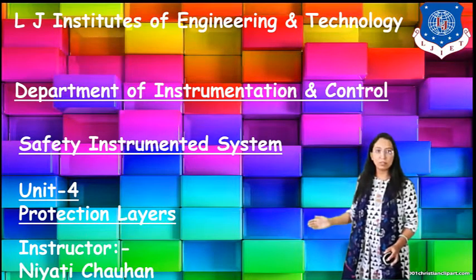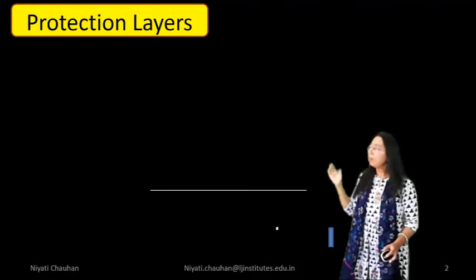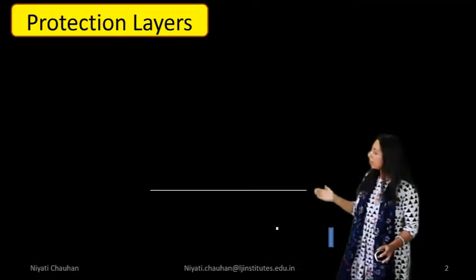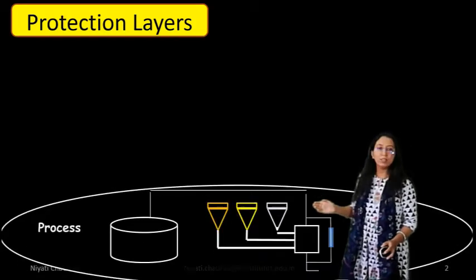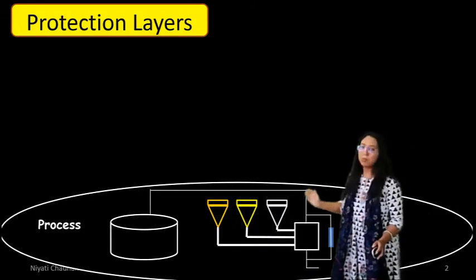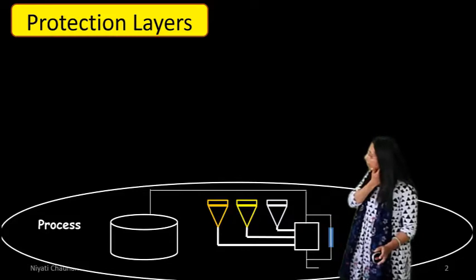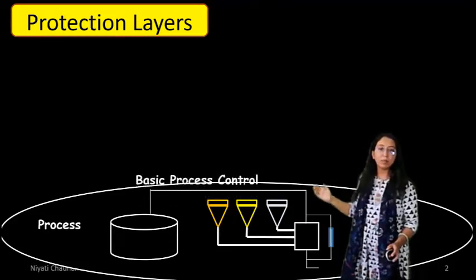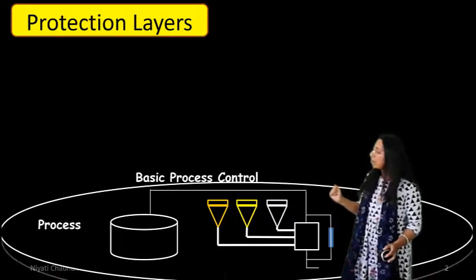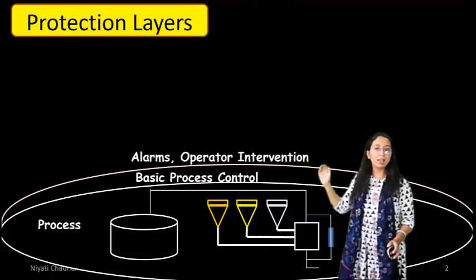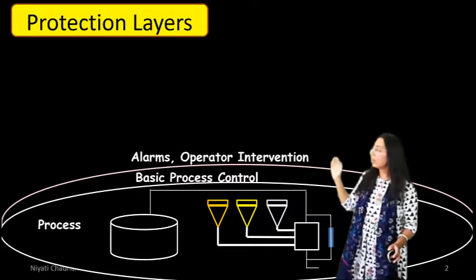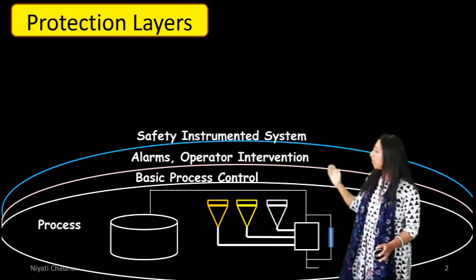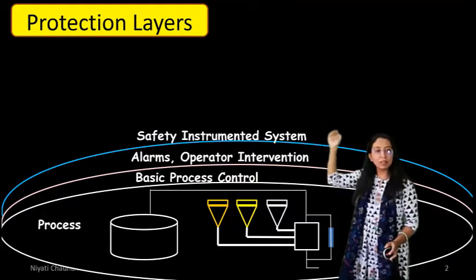Okay, so let's start. We know that in the first chapter we discussed protection layers. The first layer is for the process, where we are controlling our process, so basic process control. The second layer is for alarms, operator and intervention. The third layer is the safety instrumented system.